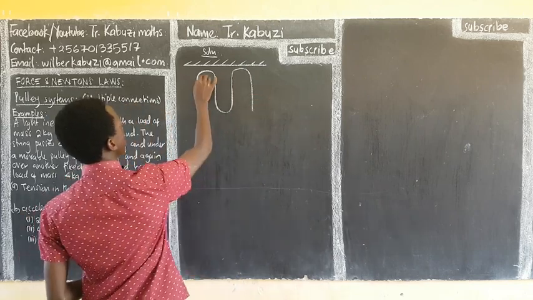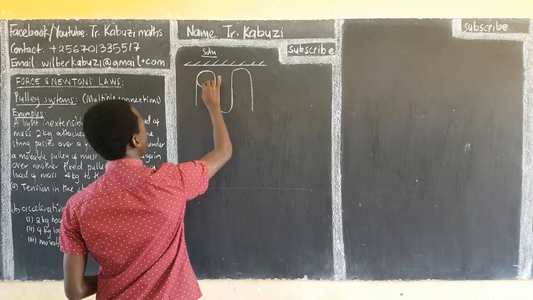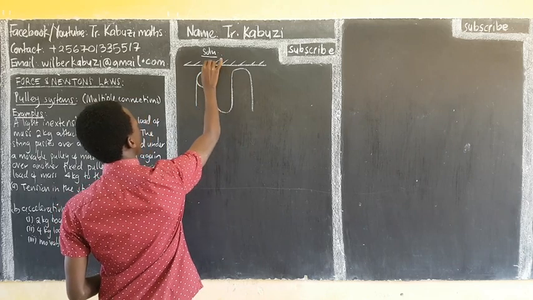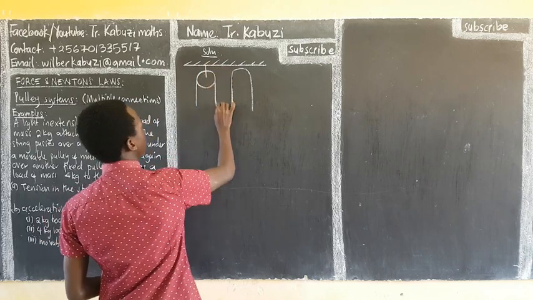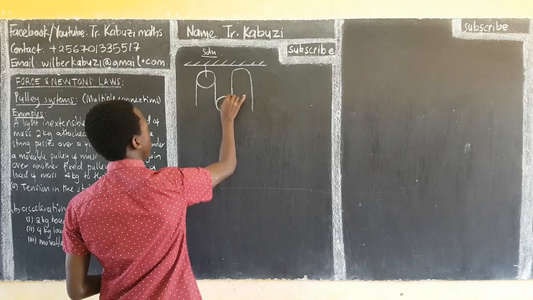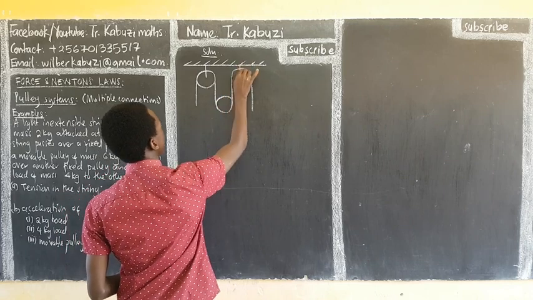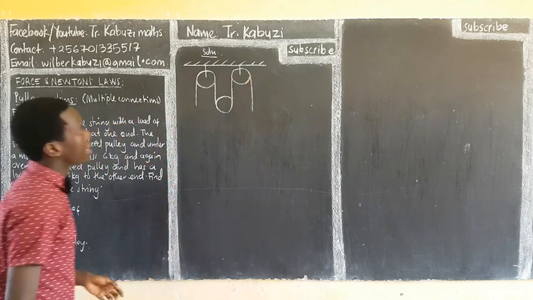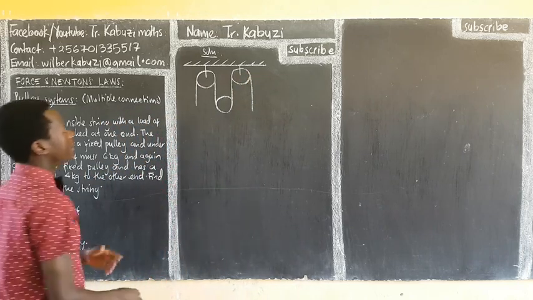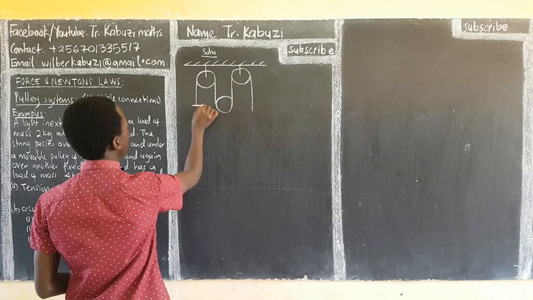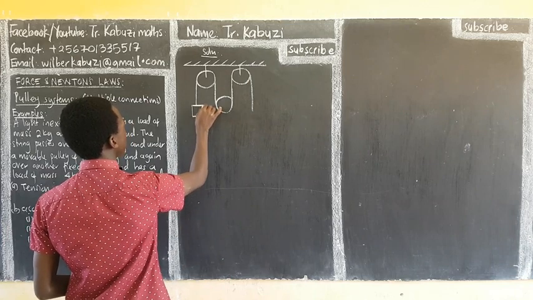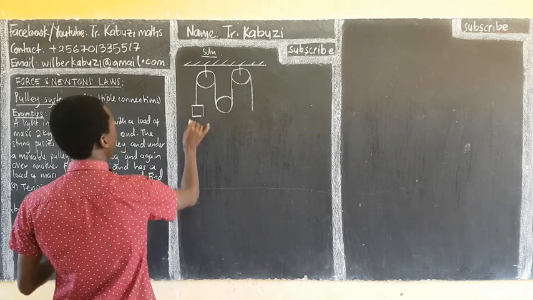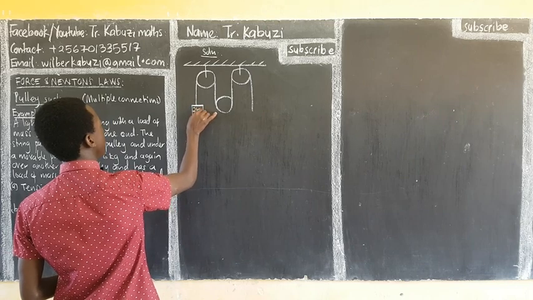Then you put the pulleys. The first fixed one is going to be here. Then the movable is going to be here. Then the other fixed is going to be there. And then the sketch is done. So they're telling us that this side is carrying a certain weight of 2 kilograms.